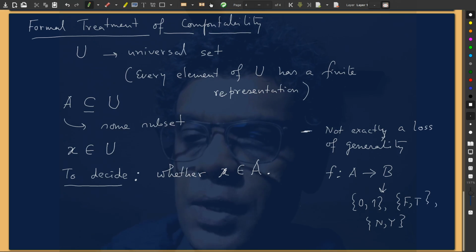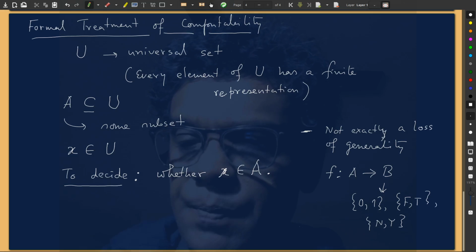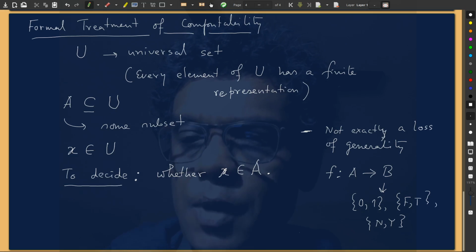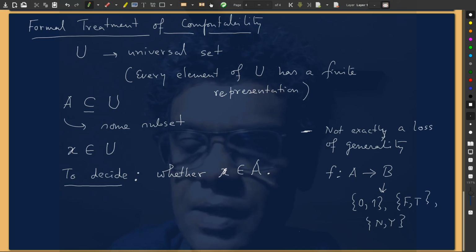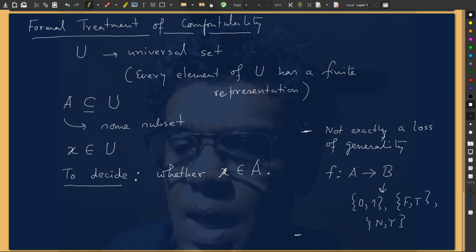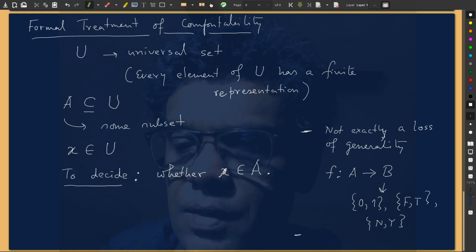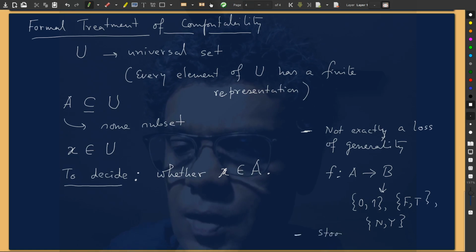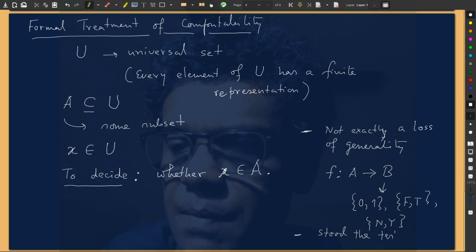Most computational problems can be rephrased in terms of equivalent decision problems. And as such, this formalism has stood the test of time.